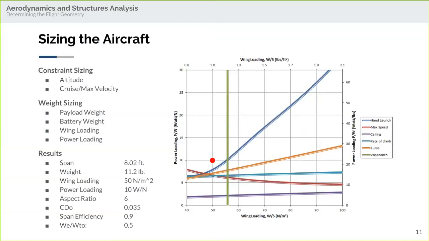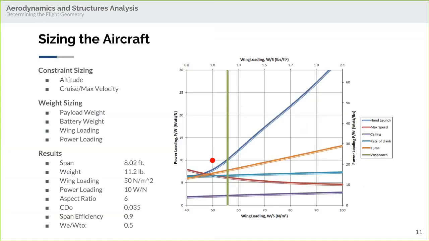Using the weight sizing diagram, our main constraints that we were balancing were our payload weight and our battery weight, as well as the wing loading and power loading that we found from our constraint sizing. We performed trade studies on basically all the variables, and those were the variables that mainly dictated where we needed our final result to be.